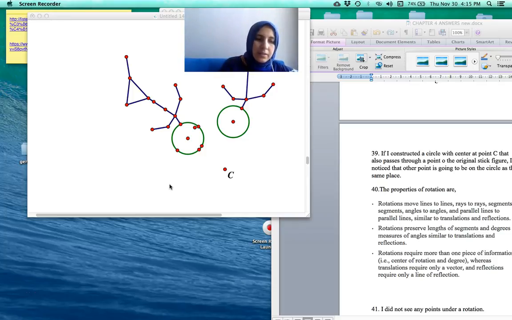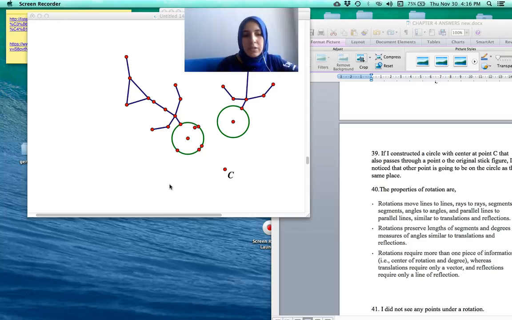I can say the properties of rotations are: the first one is rotations move lines to lines, rays to rays, segments to segments, angles to angles, and parallel lines to parallel lines, similar to translation and reflection. The second property is that rotation preserves lengths of segments and degree measures of angles, similar to translation and reflection.